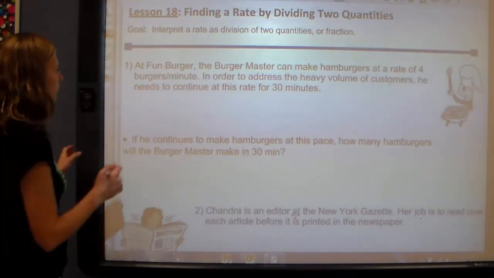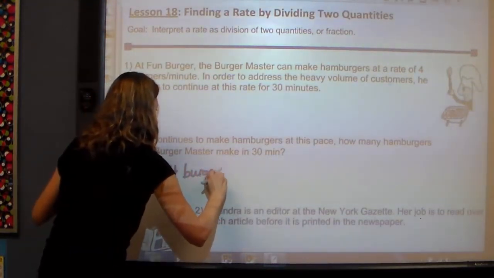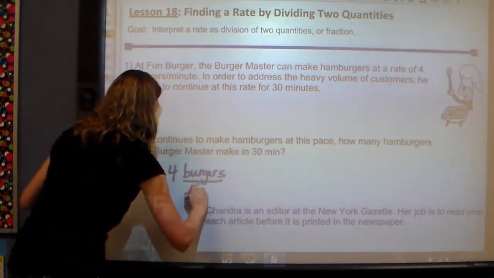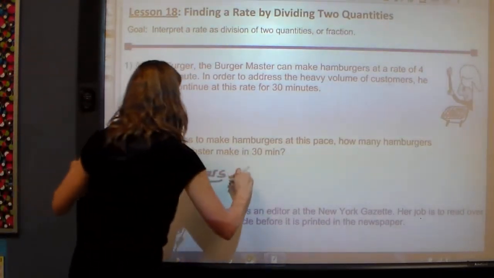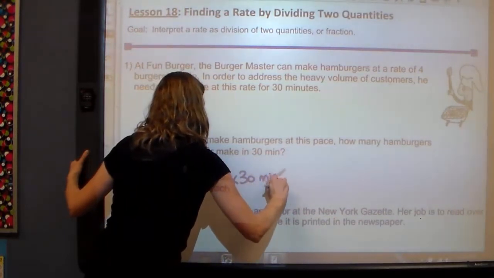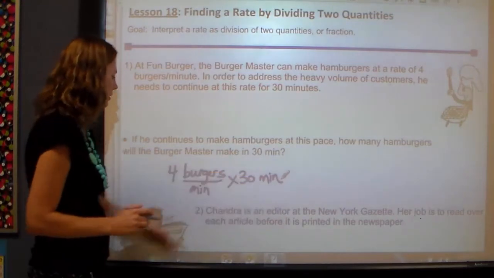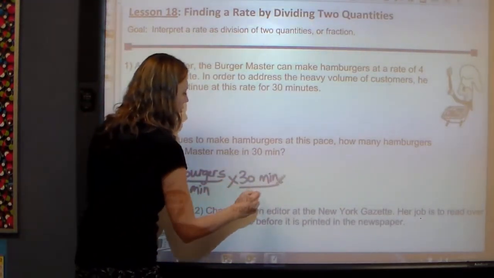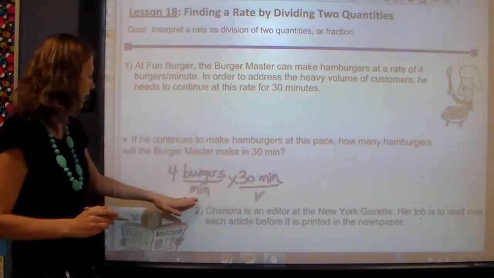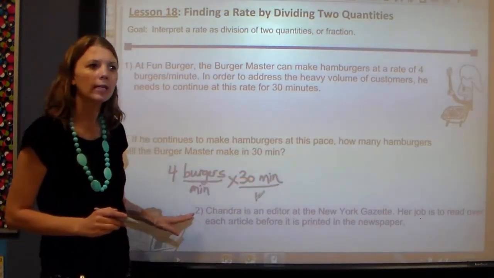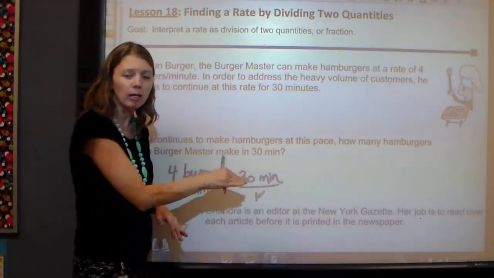So what I can do here is write it as an equation. When I'm multiplying by 30 minutes, really this is the numerator. And so when I have minutes and minutes, we've talked about cross-reducing just briefly, but if you have the same number that's opposite, you can cancel those out.